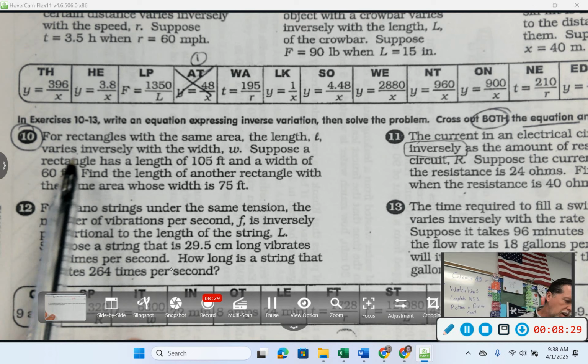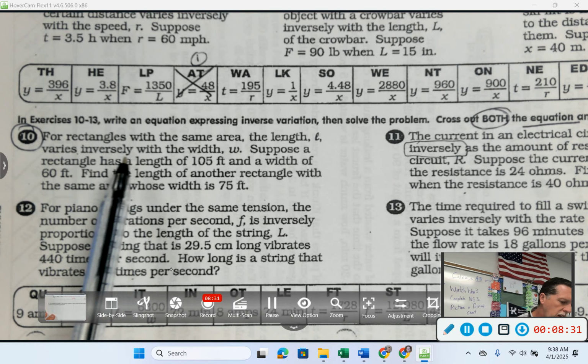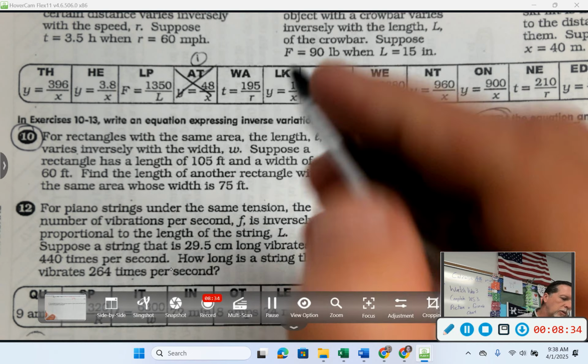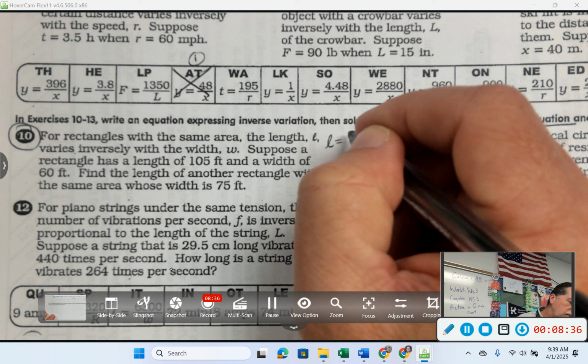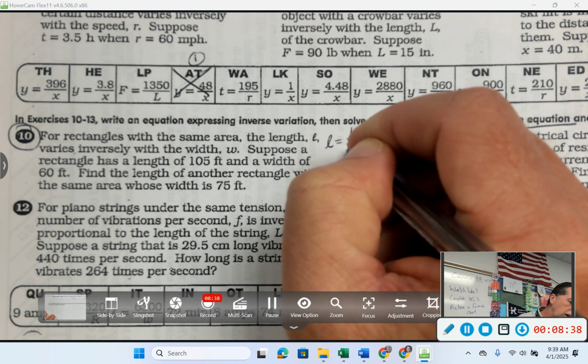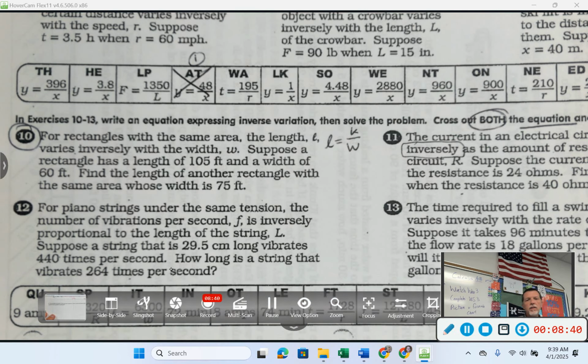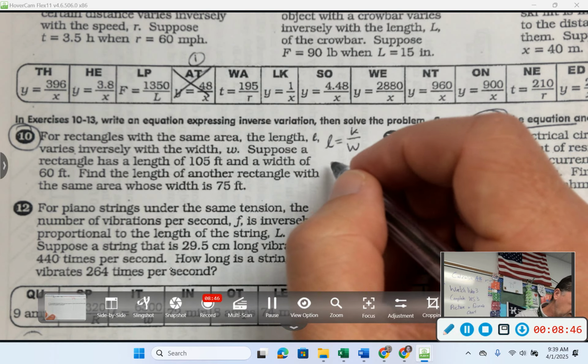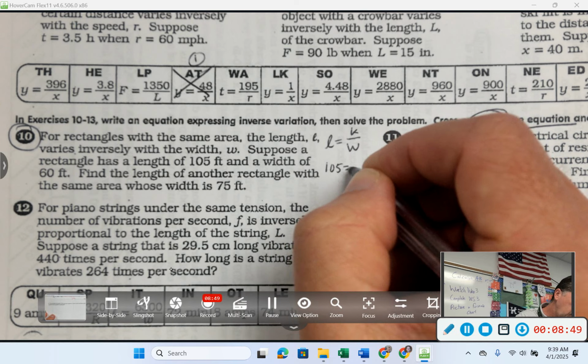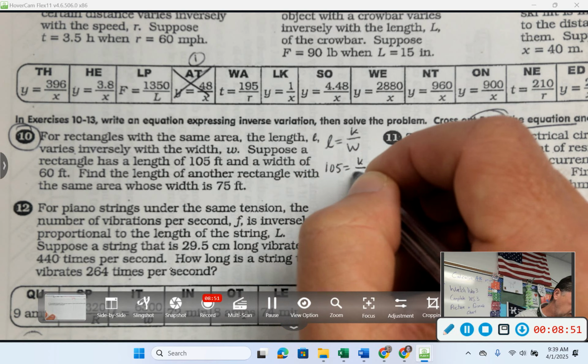Okay, so number 10. For rectangles with the same area, the length varies inversely with the width. So this time, instead of x and y, we'll have to use L and W. L varies inversely with the width. Suppose a rectangle has length 105 and a width of 60.